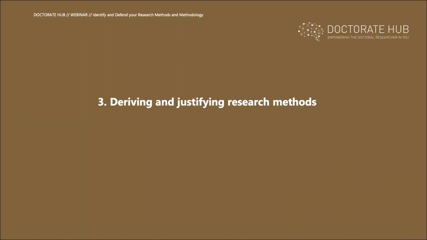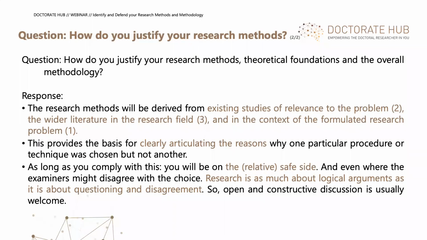Now, deriving and justifying research methods. This is actually a quite straightforward thing, because the research method will be derived from the existing studies of relevance. As you see, there's a pattern and a sort of repetition, but it is as simple as that. You work over existing studies and there's little excitement in there.